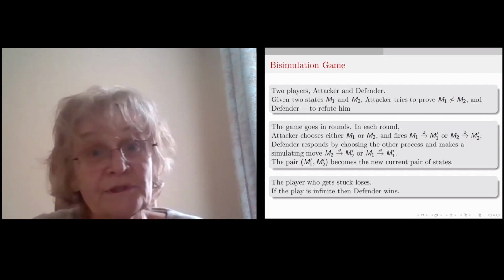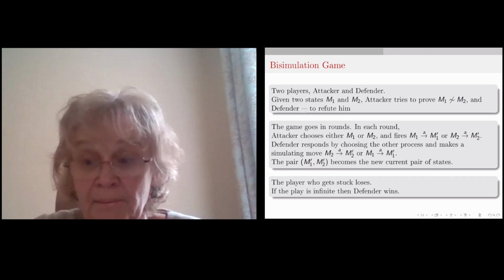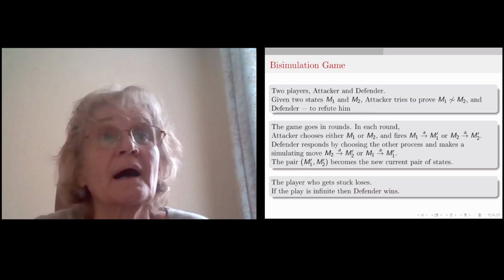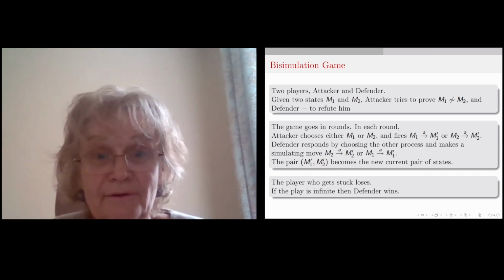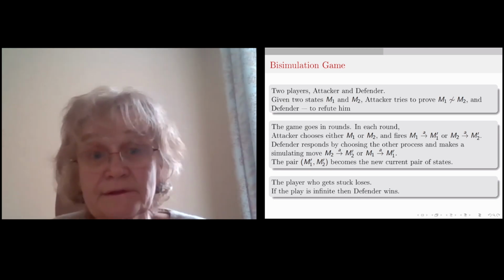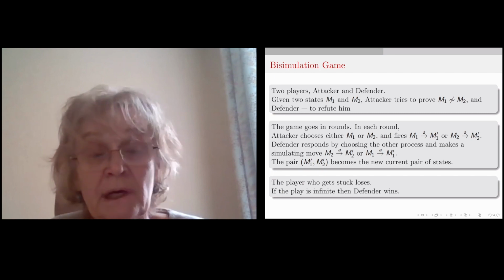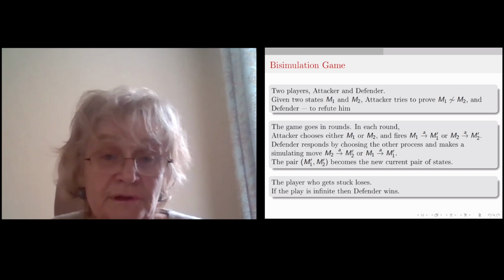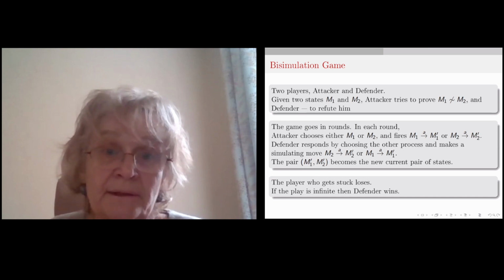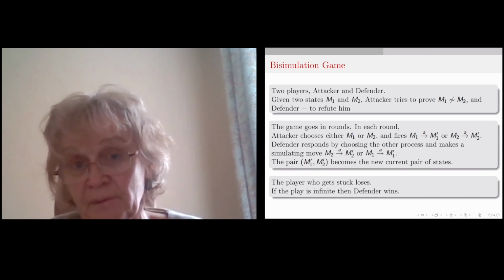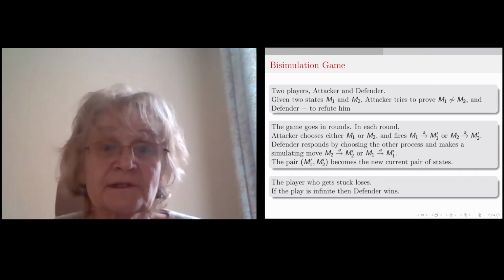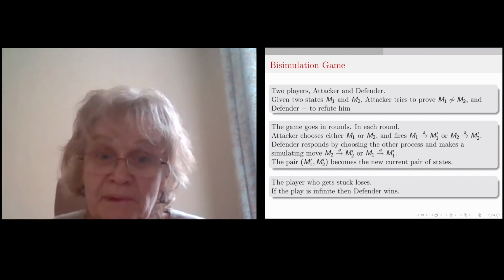With such a play, it can be proven that if the defender has a universal winning strategy, then these two states are bisimilar. And if the attacker has a universal winning strategy, then they are not bisimilar.